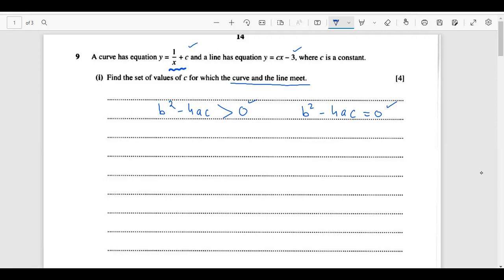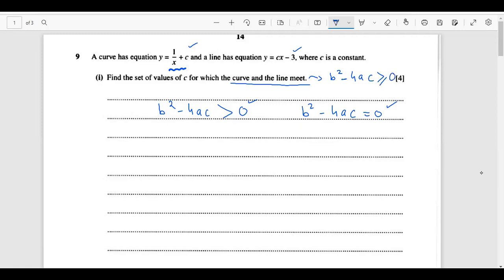They did not mention the number of points of intersection. They just said the line and the curve should meet. So we need to combine these two conditions. When we combine these two conditions, this is going to be the condition that we will be following: discriminant would be greater than or equal to 0.